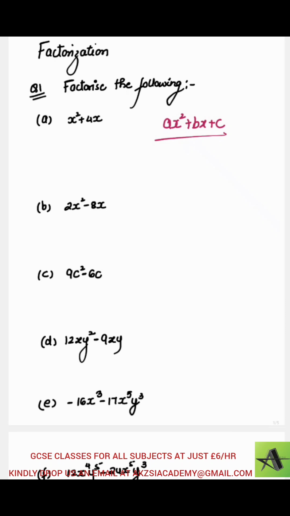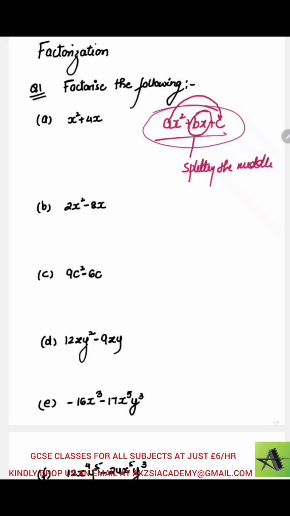If your quadratic has all the terms, that means x squared is present, x is present, and the constant number is present, then it would be done by a particular method which is called splitting the middle term, where we have to think of two numbers. Many of you are aware of this method where you have to find two numbers. Their sum should be equal to b and the product should be equal to a times c, and that we will be discussing later.